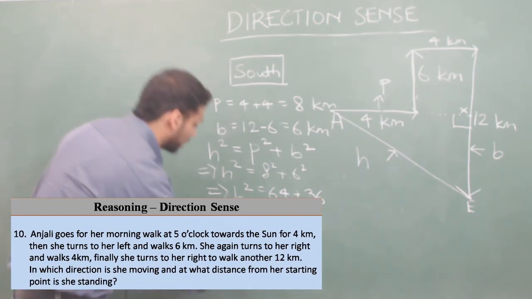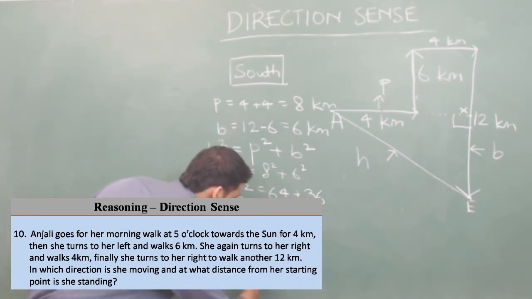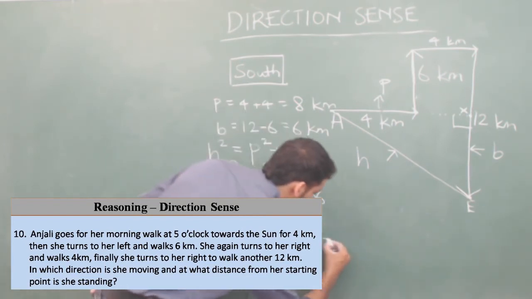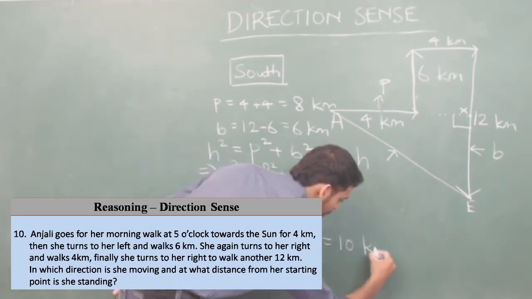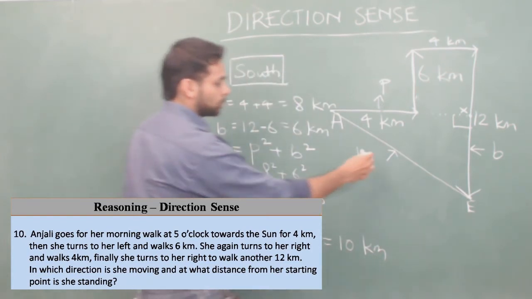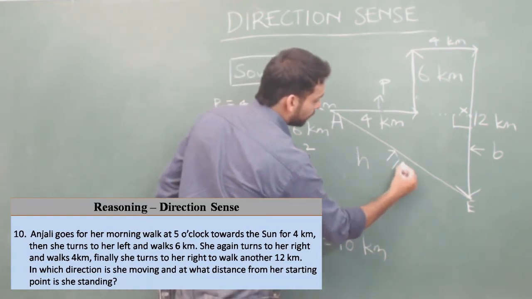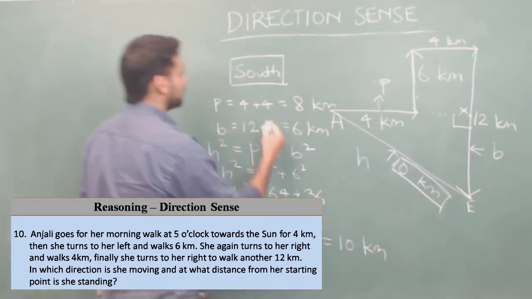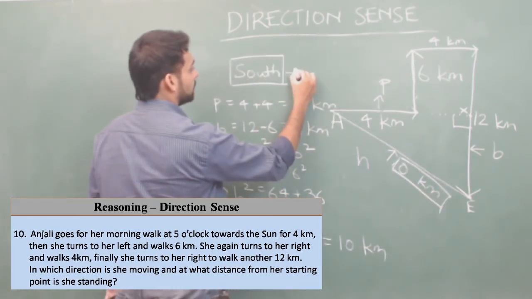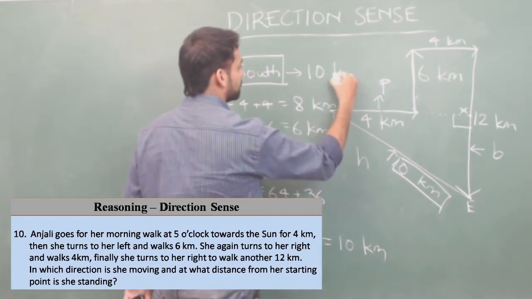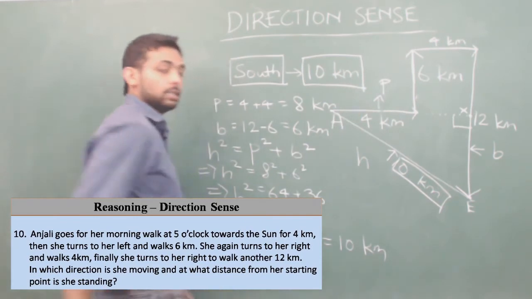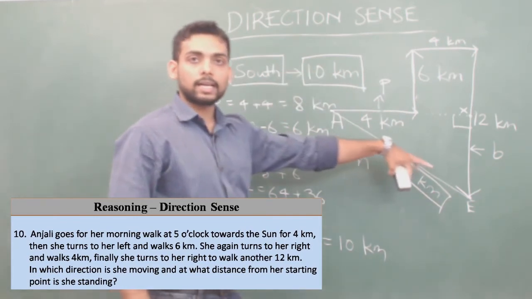I'll take the square root of 100, which implies that my hypotenuse is equal to root of 100, which is 10 kilometers. So I find the length from A to E is 10 kilometers. So my answer is south, south and 10 kilometers. She is moving in the south direction.